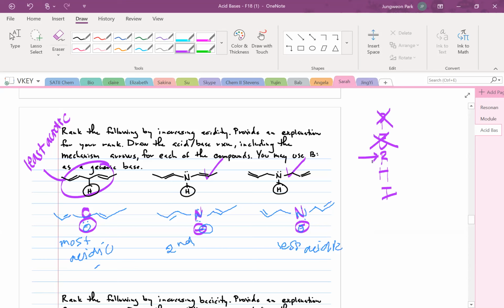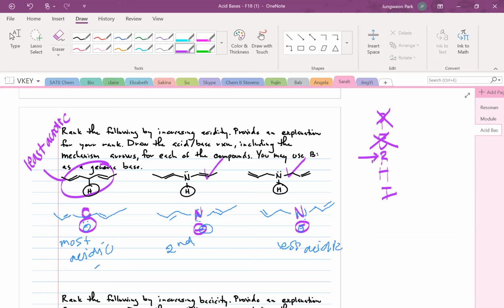Now we have to look at resonance. Which one is more likely to have resonance, the second or the third? The second one. Good. So I would say the second one is the most acidic because of resonance.